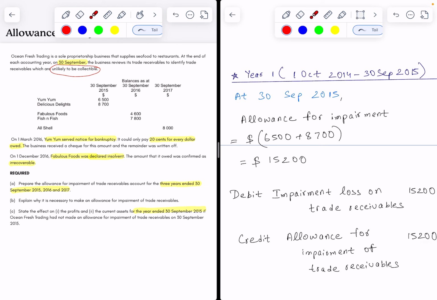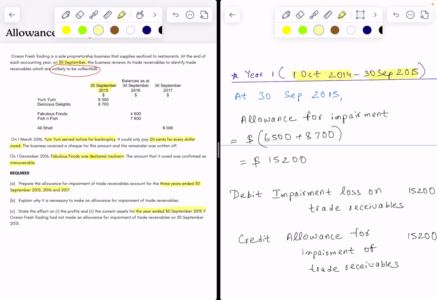So year 1 for this business that we're working with, based on all the information that is given in the question, will start on 1 October 2014 and end on 30 September 2015, right? Because when you scan through the table that's provided to us, we are given the information at end of 30 September 2015. Which means this financial year, which is ending on 30 September 2015, must have started in the previous financial year on 1 October 2014, okay?